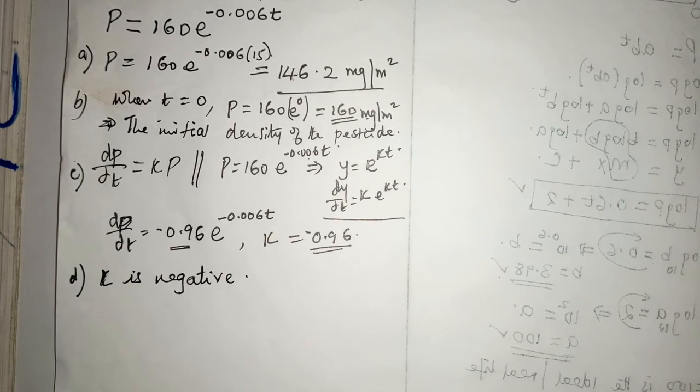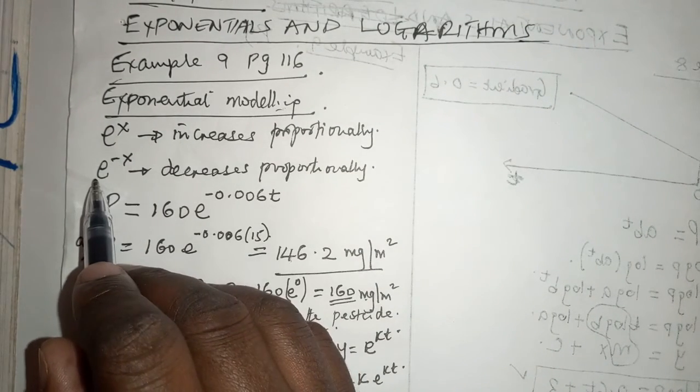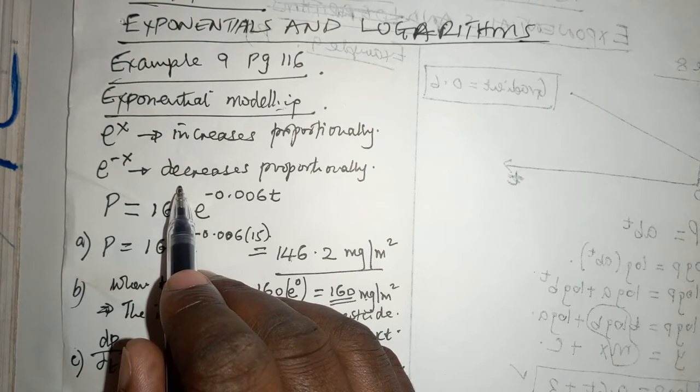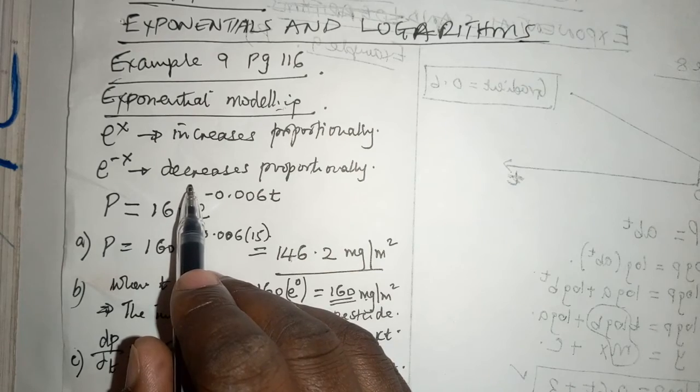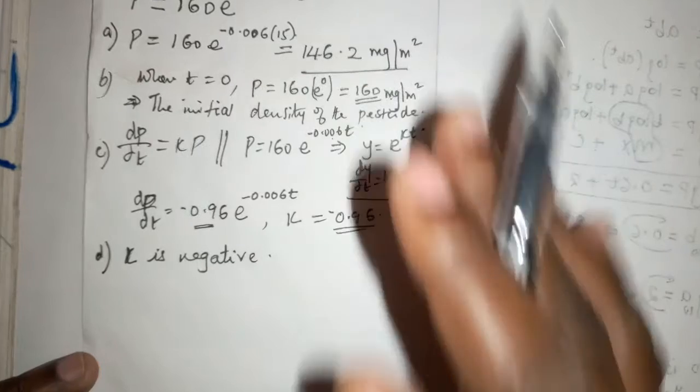this means, just like we have understood in the beginning of the video, when we have a negative index of the Euler's number, then this is decrease. There's a population decrease. This explains decay. There's a proportional decrease.